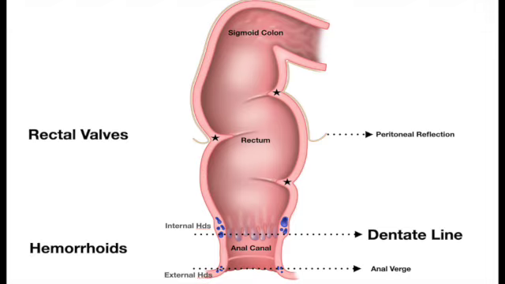Yep. It sounds simple, but think about the precision. The whole goal is to place that band on the tissue that is above the dentate line, because up there, the patient won't feel it. Exactly. They might feel some pressure, maybe a dull ache, but not sharp pain. But the margin for error is tiny. If the doctor accidentally grabs even a little bit of tissue from below the dentate line, you're lighting up all those skin pain nerves.